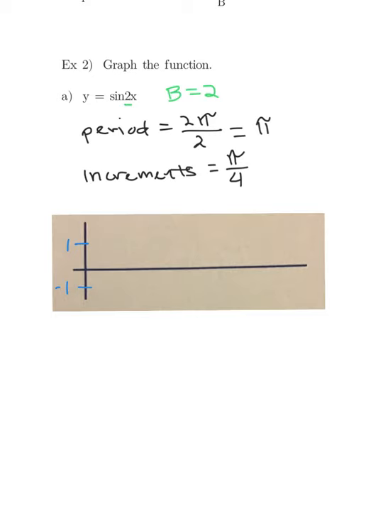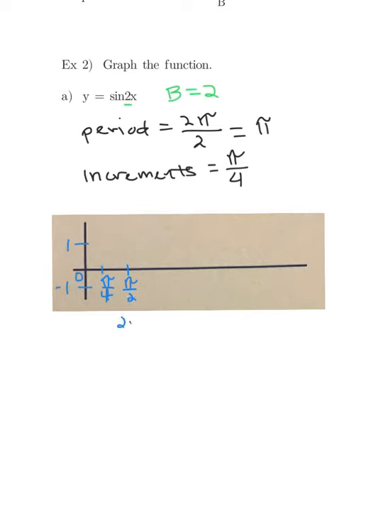We are still starting at 0. And then to find all the rest of our numbers, we are going to add pi over 4. 0 plus pi over 4 is pi over 4. Pi over 4 plus pi over 4 gives me 2 pi over 4, which is pi over 2.